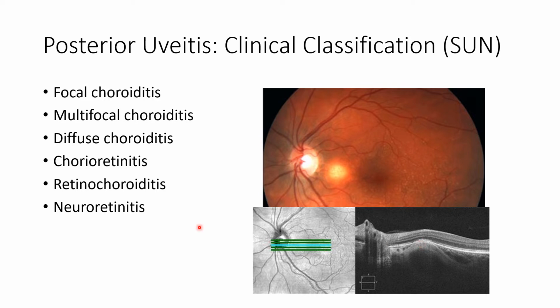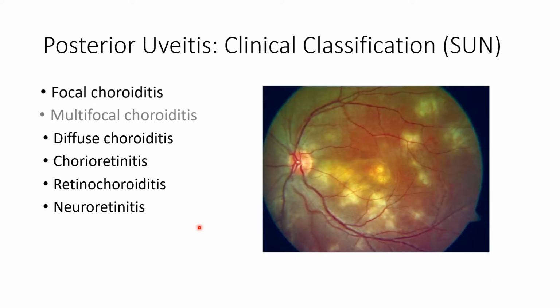Then we can have multifocal choroiditis. This is a clinical entity where you can see multiple foci of choroiditis which are separate from each other, and they are distant from each other, affecting separate areas of choroid. This is termed multifocal choroiditis.